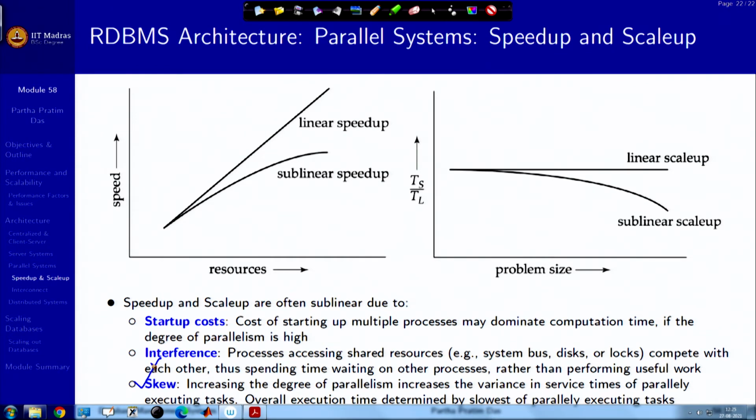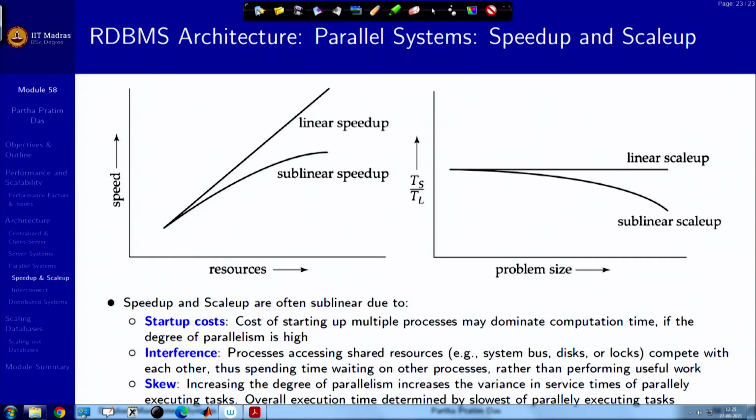If there are 10 tasks, their service times will usually be very skewed: one will run very fast, one will take a lot of time, and so on. So, the overall throughput or the overall speedup will depend on the execution time of the slowest parallelly executing task, right. So, the more the skew, the more sublinear the performance.